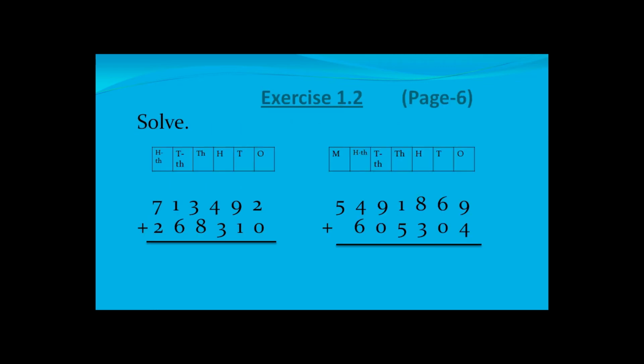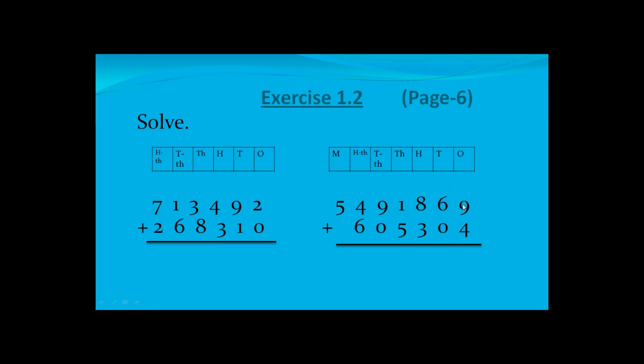Okay, my dear students, I have taken these two sums from exercise number 1.2 in your book on page number 6. Solve these two questions or these two sums. Okay, first of all, there are place values. You always write the numbers according to their place values.